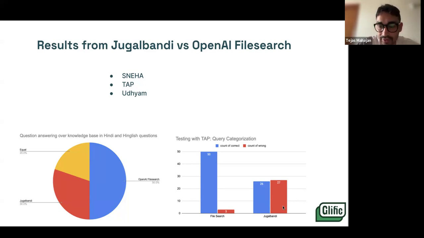We had this distribution of 27 queries that were categorized wrongly and 26 queries that were categorized correctly by Jugalbandi. We ran the same queries, same prompt and same everything through file search, and we saw that 50 of those were categorized correctly, and 3 were categorized wrong.